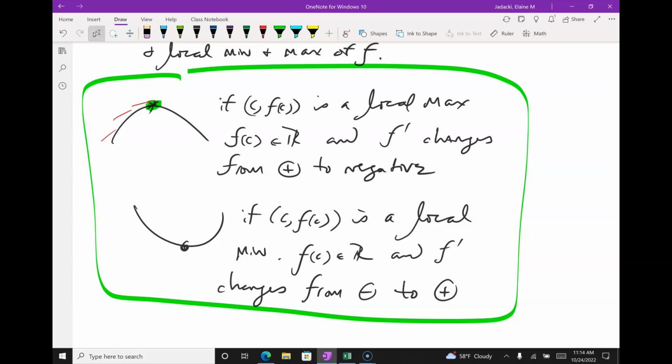So this green box and the other green box are kind of my rules, right? And if you start reading 4.3, you'll read the book's version of it. I'm just too lazy to write it again, so I'll just have you copy it. Of course, you can take a photo if you want.